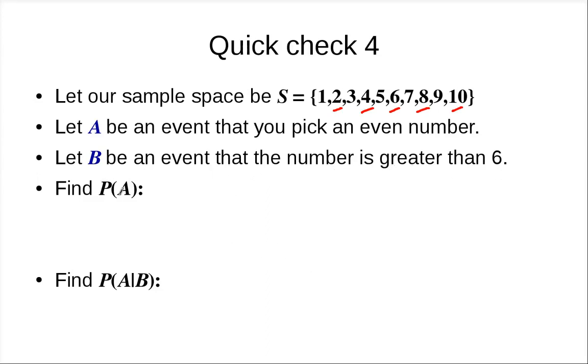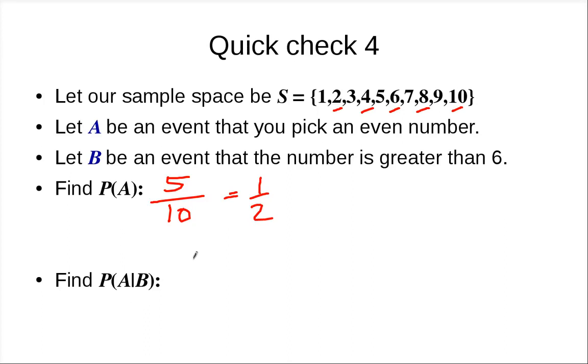So what is P(A)? How many numbers do we have? 10, and the size of set A is 5, so it's 5/10, that's 1/2. Okay, so what's the probability of A given B?